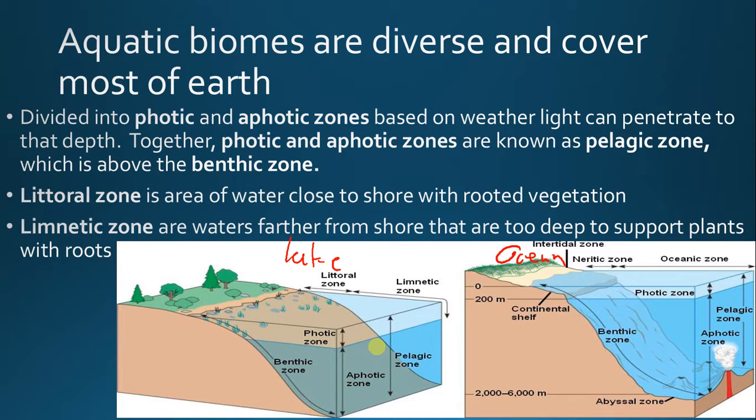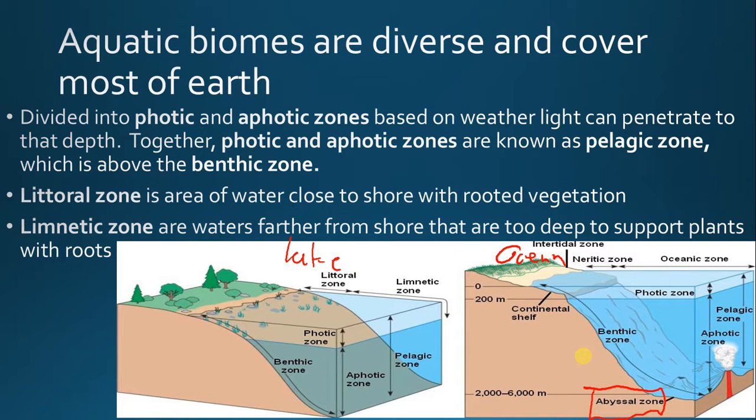Together the photic and aphotic zones are known as the benthic zone, or the pelagic zone, where most creatures live. The deep ocean in the aphotic zone is beneath that, and even in the ocean we go farther to the absolute dark, the abyssal zone.